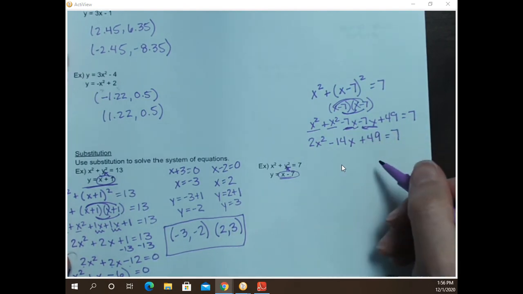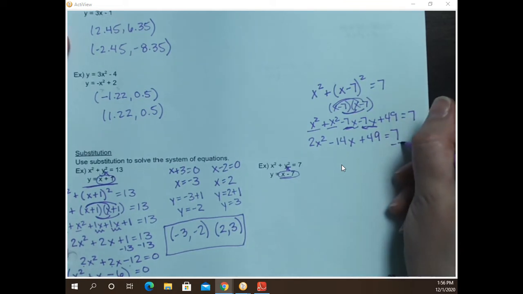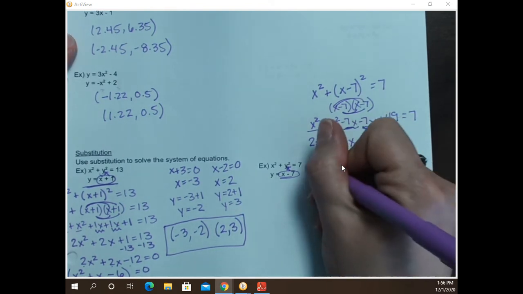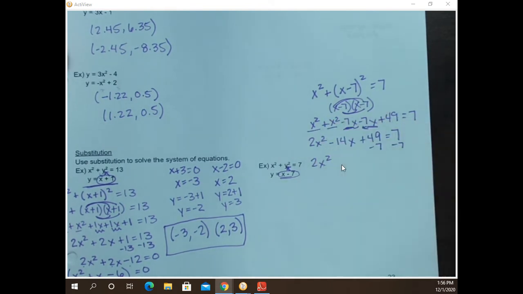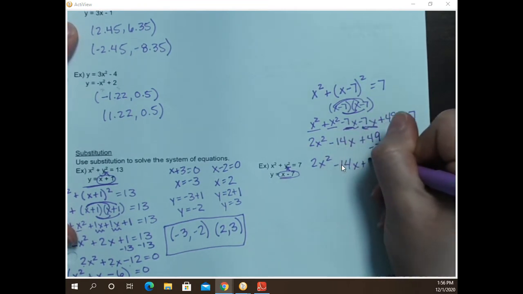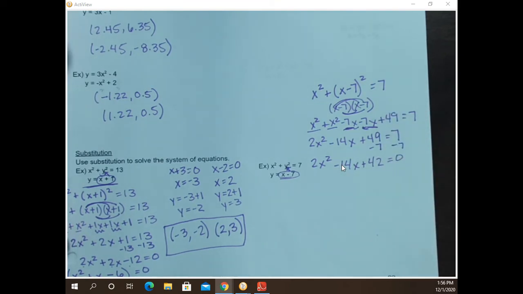I'm not going to be able to factor this quadratic, so I would have to either complete the square or use quadratic formula. I'm going to go ahead and use quadratic formula on this. So minus 7, minus 7. If you'd rather complete the square, that's fine too. But in order to use quadratic formula, I need to get this into standard form. So 2x squared minus 14x plus 42. That's why I moved that 7 over, so I would have standard form there.